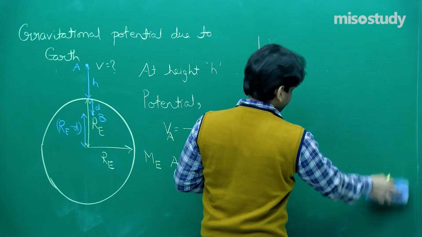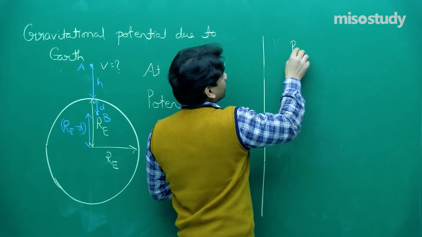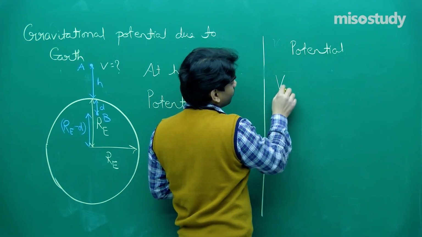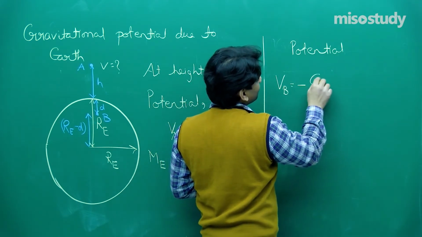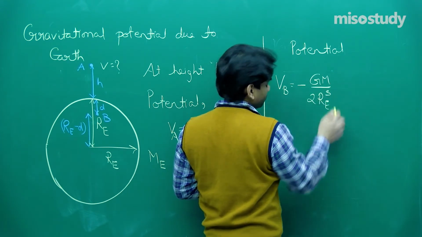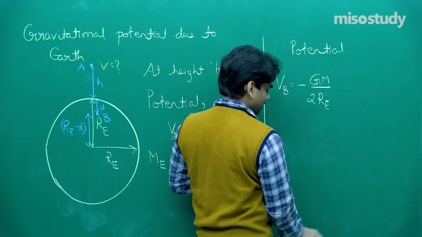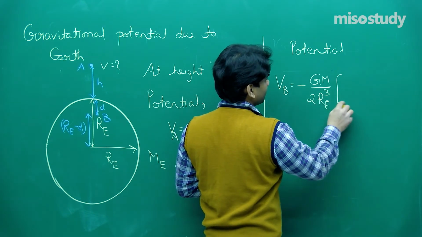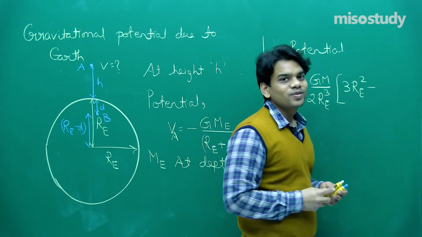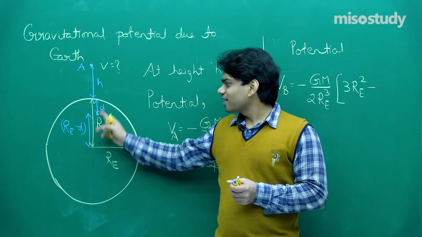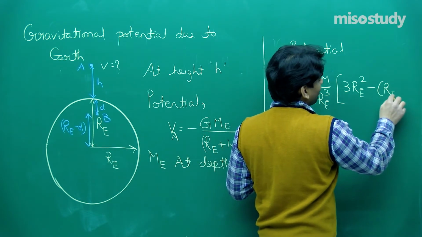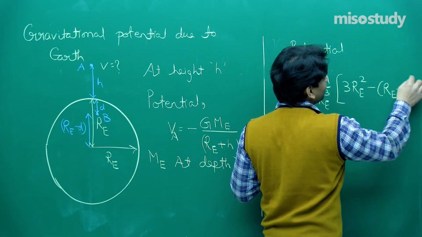just use the formula VB is equal to minus GM by 2 Re whole cube multiplied by 3 Re whole square minus small r whole square. Here small r is actually Re minus d. So I'm going to mark here Re minus d whole square.